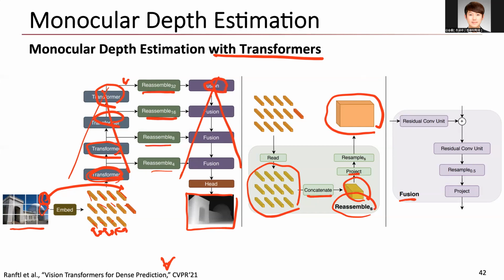In the fusion module, we fuse this decoded output and the skipped output. So this is very similar to an FPN-like architecture.